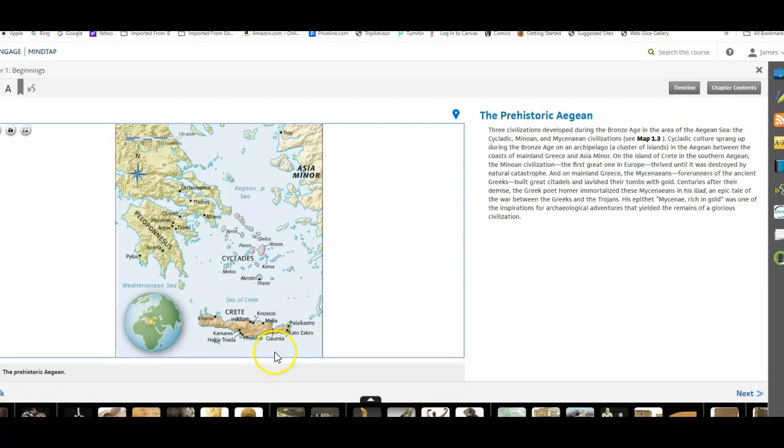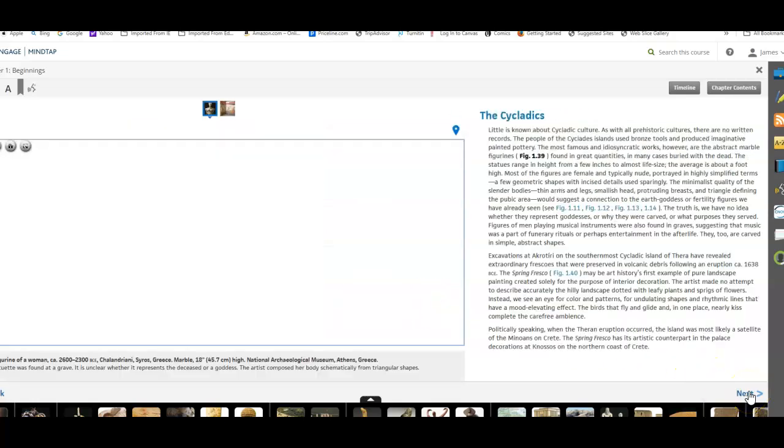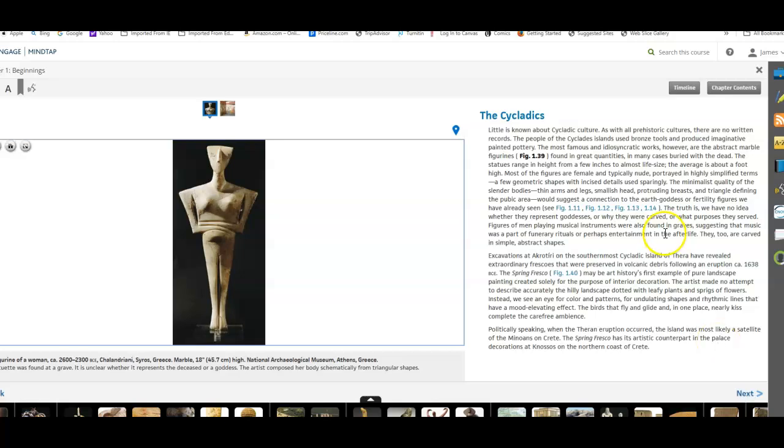Just north of Africa into the Mediterranean, you have different cultures. This is the island of Crete, where the Minoan civilization started, or part of it. You also have the Cycladics, those who sailed and went to different places. We don't know that much about them as they go to different islands.